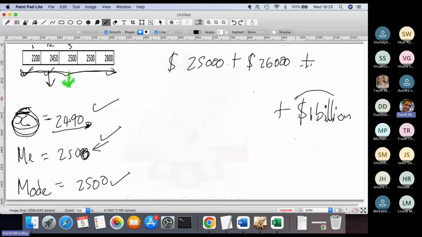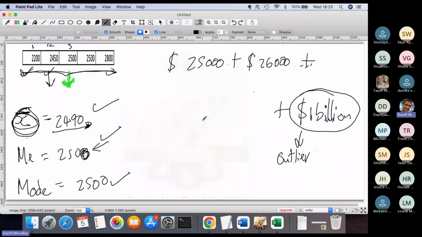Now, this person's salary here is going to pull that total abnormally high, and it's going to make the average look bigger than what it should be. So this is the outlier. And when you put this outlier's salary into the data set, it's going to skew what the average is.